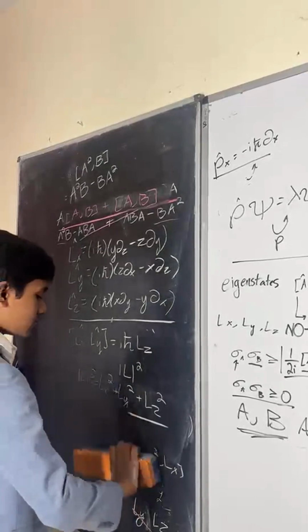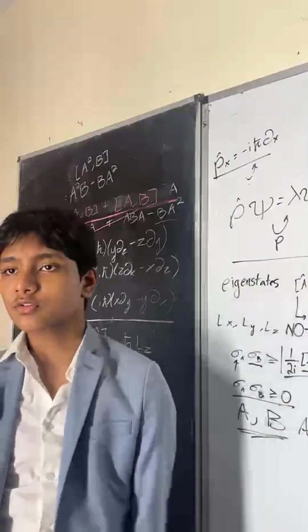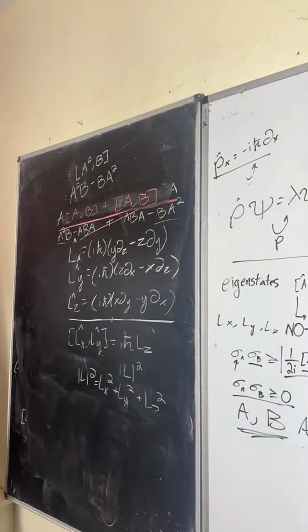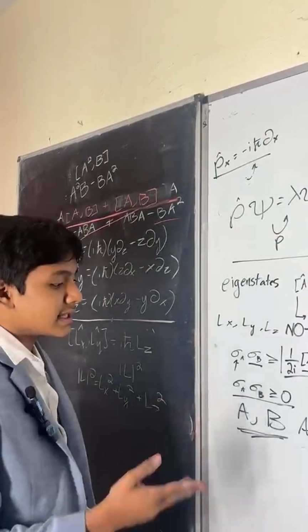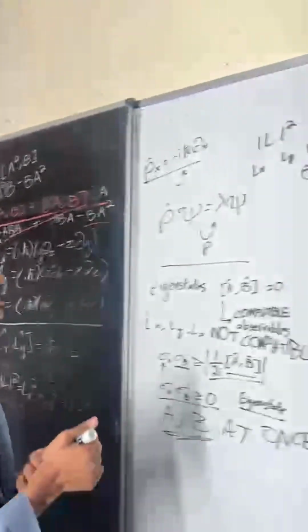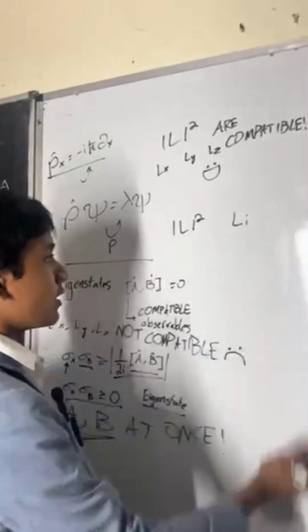Okay. So, these are compatible observables. What I am going to do now is try and find, we just talked about finding an eigenstate for two compatible observables. What if I find an eigenstate that works for both L squared and some component of L?